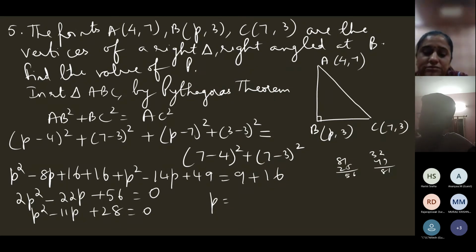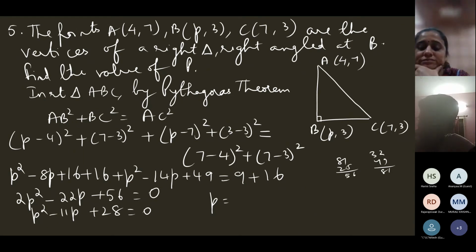Nandini, are you there? Yes, ma'am. All right. Why are you also not active these days? You got the equation, Nandini? Yes, ma'am. Okay, then what are the values of p? Solving, ma'am. All right. Please solve and let me know. Okay, ma'am.